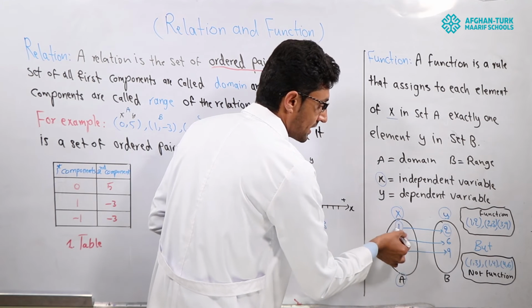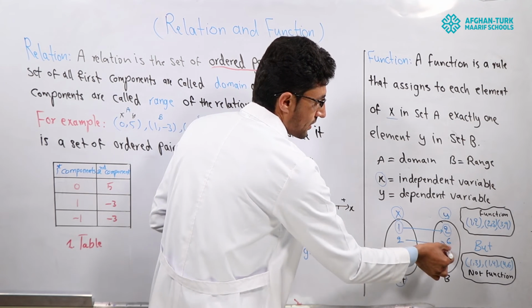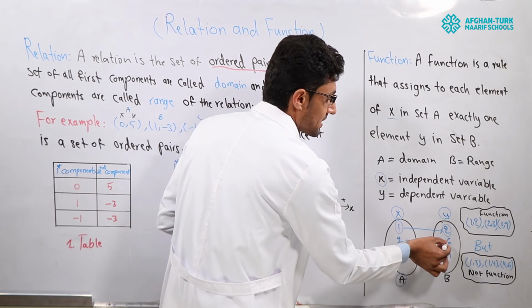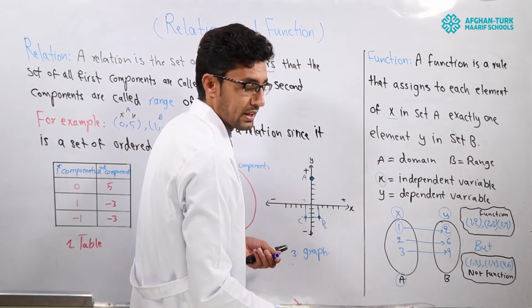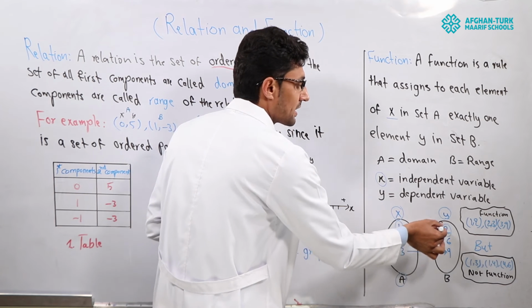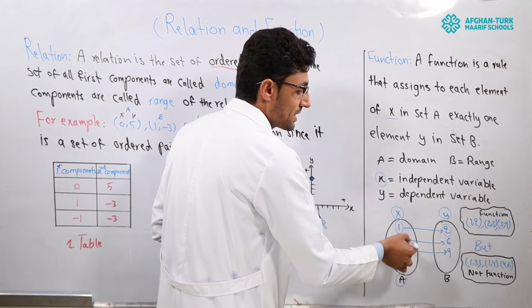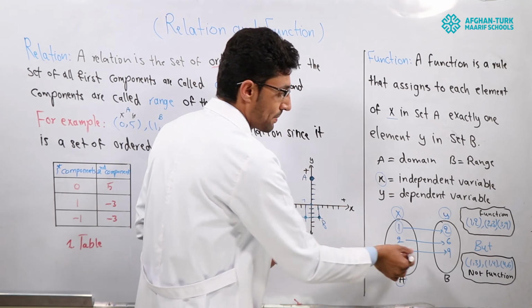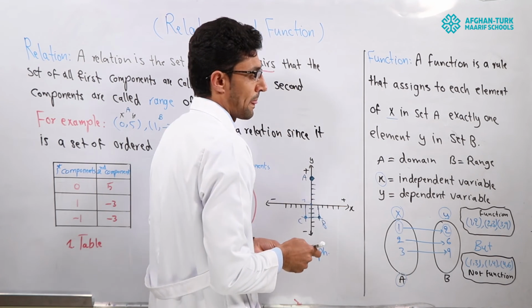If this increases, this will increase too. If this decreases, this will decrease too. It means set B is dependent on set A.